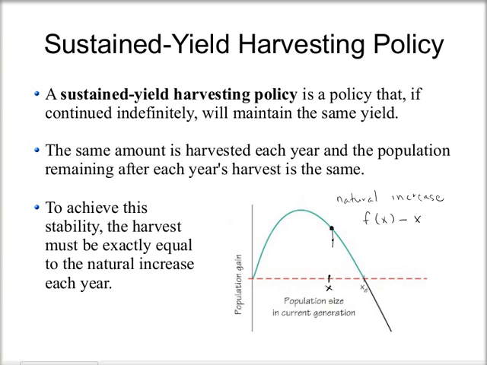So it's going to be this distance here. If I harvest that many fish, that gets rid of the population gain. So next year I'm going to start out with the same population, and I'll be able to harvest the same amount each year.